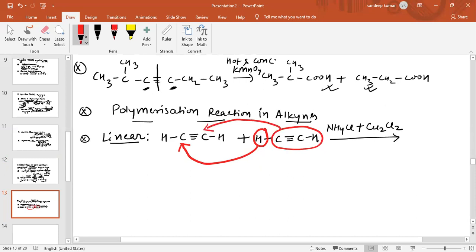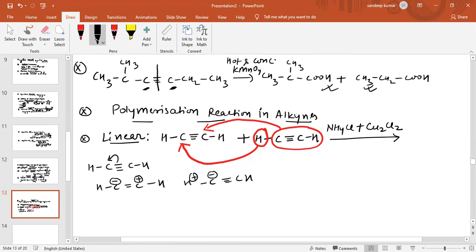Now see the product obtained. This pi bond will break in this way. If this pi bond breaks in HC triple bond CH, this carbon will get a negative charge and this carbon will get a positive charge. And this hydrogen is positive and this carbon bears a negative charge.